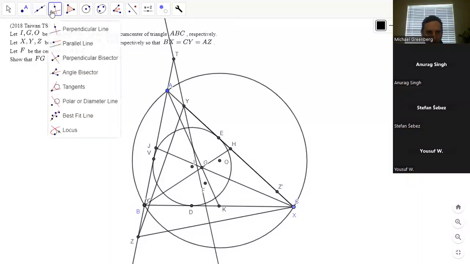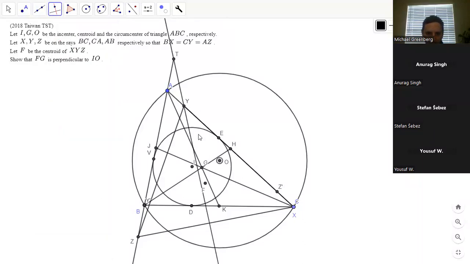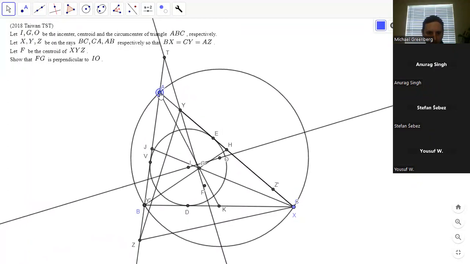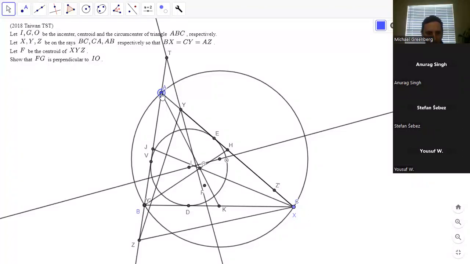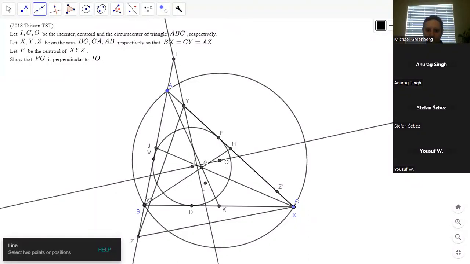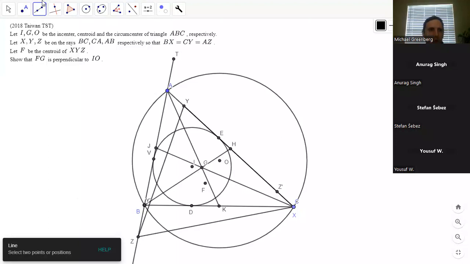TY. Okay. And maybe FG is parallel to, well, it would have to be, yeah, if the problem were true. So interesting.